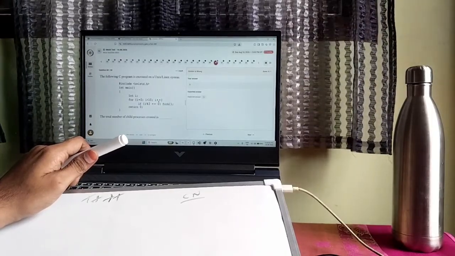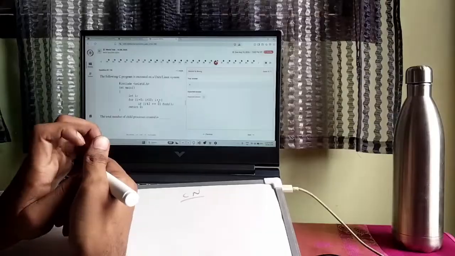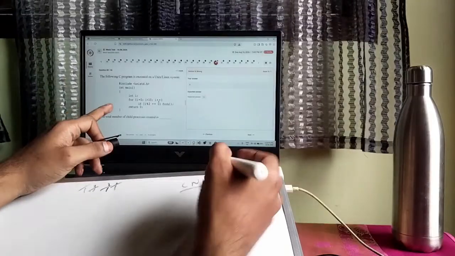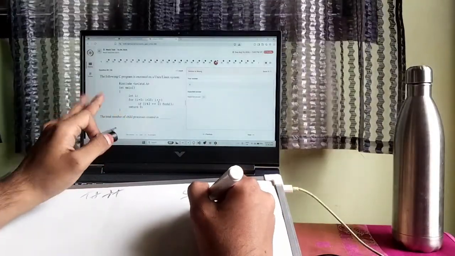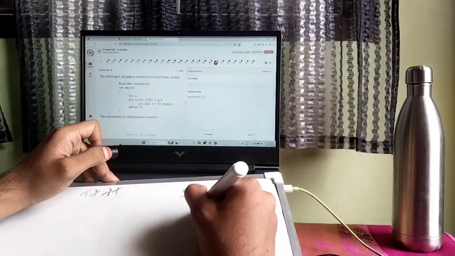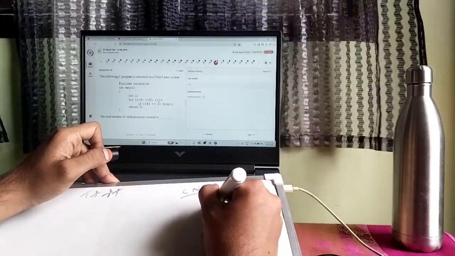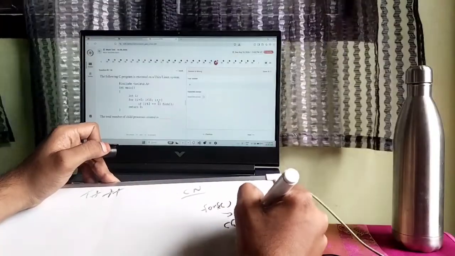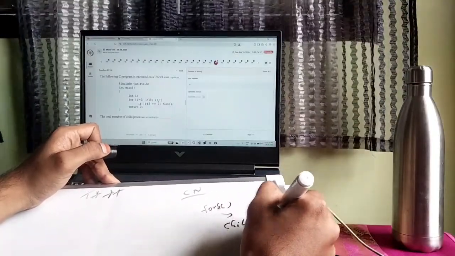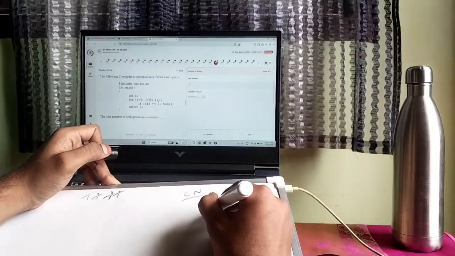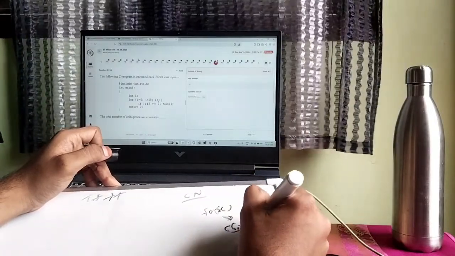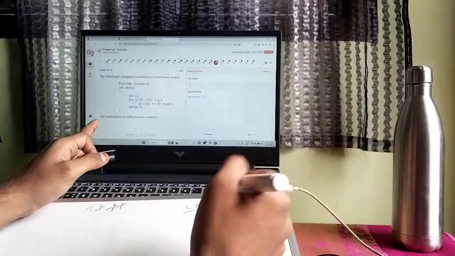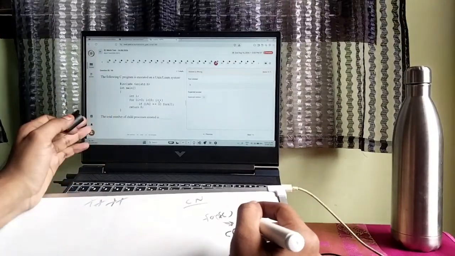Okay, so I remember fork is a function which creates a child process. I remember just this.